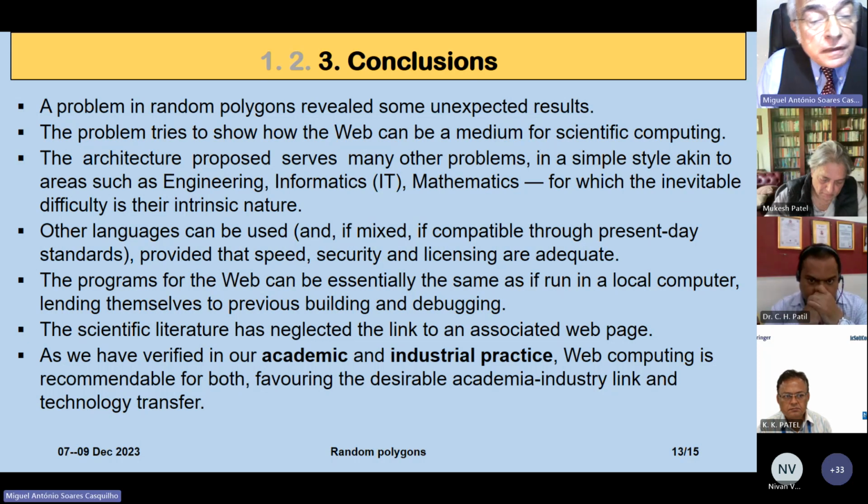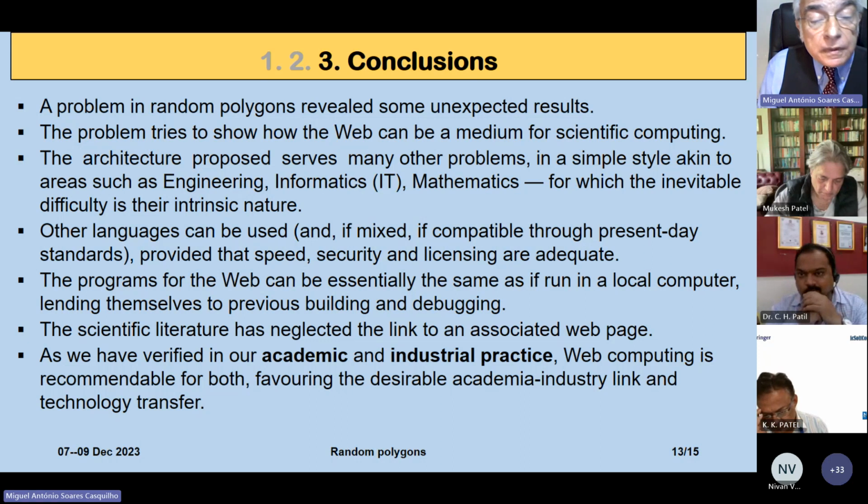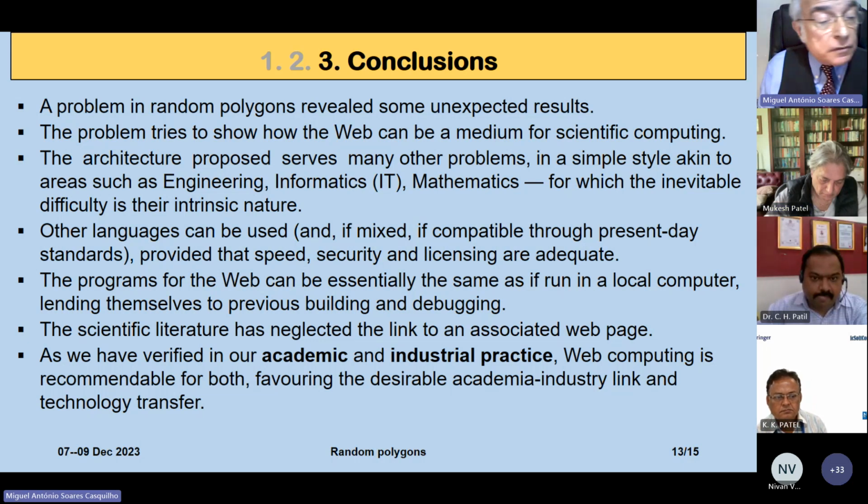Other languages can be used and mixed, if they are compatible through generous present-day standards, provided that speed, security, and licensing are adequate. The programs for the web can be essentially the same as if run on a local computer, lending themselves to previous building and debugging.